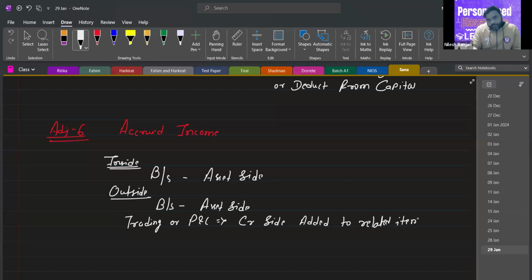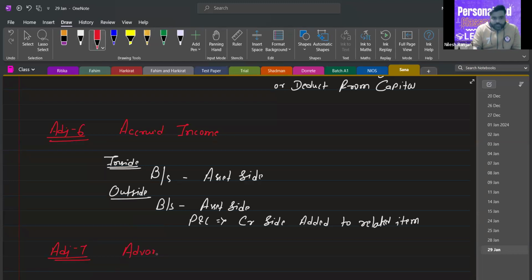Leave the trading account. Actually, there is no other income than sales. So leave the trading account. Only profit and loss, credit side, added to related item.